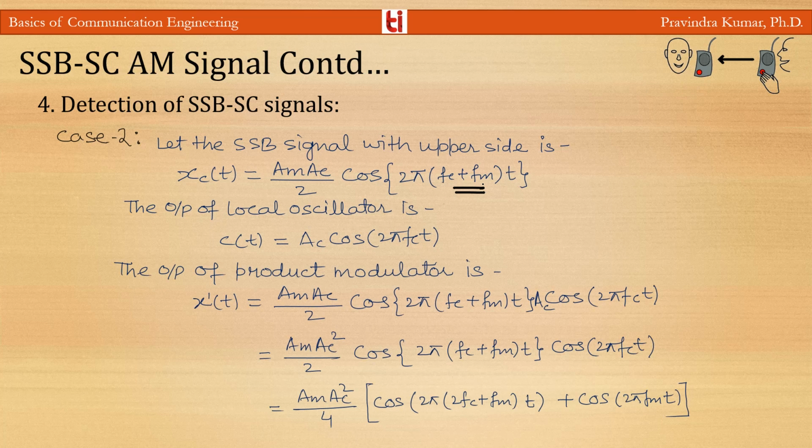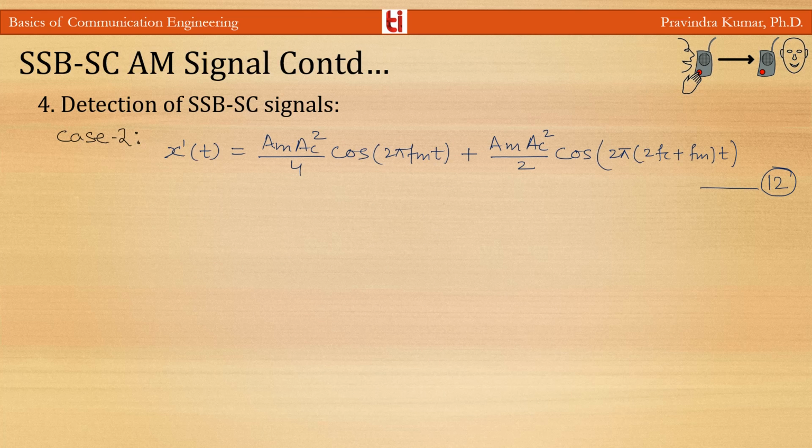Then the output of the product modulator will be A_m A_c by 2 cos 2 pi (f_c plus f_m) t into A_c cos 2 pi f_c t, or A_m A_c square by 2 cos 2 pi (f_c plus f_m) t cos 2 pi f_c t, or A_m A_c square by 4 cos 2 pi (2f_c plus f_m) t plus cos 2 pi f_m t, or A_m A_c square by 4 cos 2 pi f_m t plus A_m A_c square by 4 cos 2 pi (2f_c plus f_m) t.